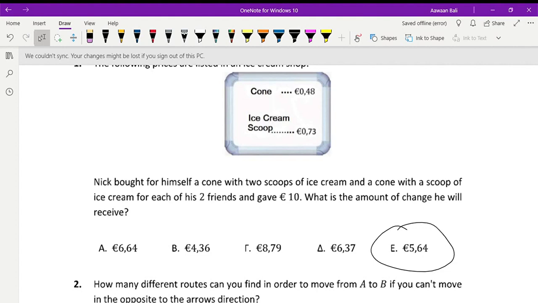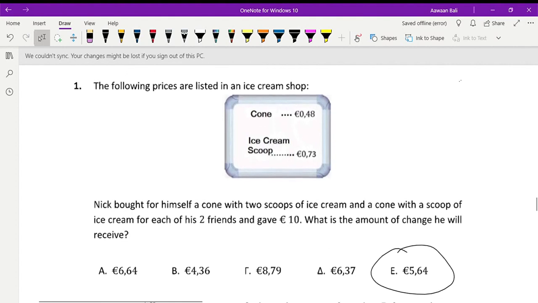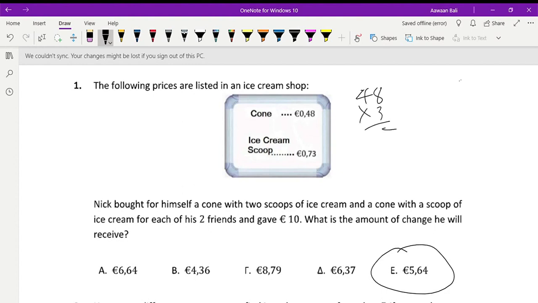Okay, so basically that means there were 3 cones. He spent it on 3 cones. He had his cone and the 2 cones for his friends. So basically 48 times 3, that's 144. And Nick had 2 ice cream scoops for himself and 1 for each of his friends.